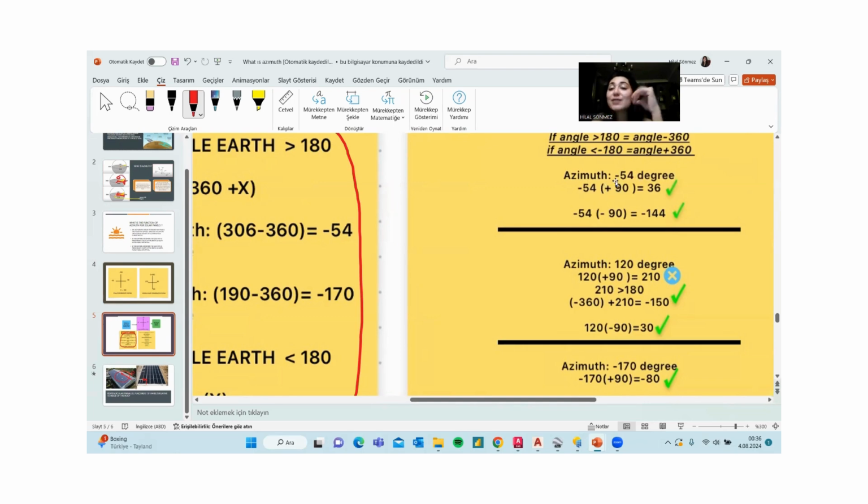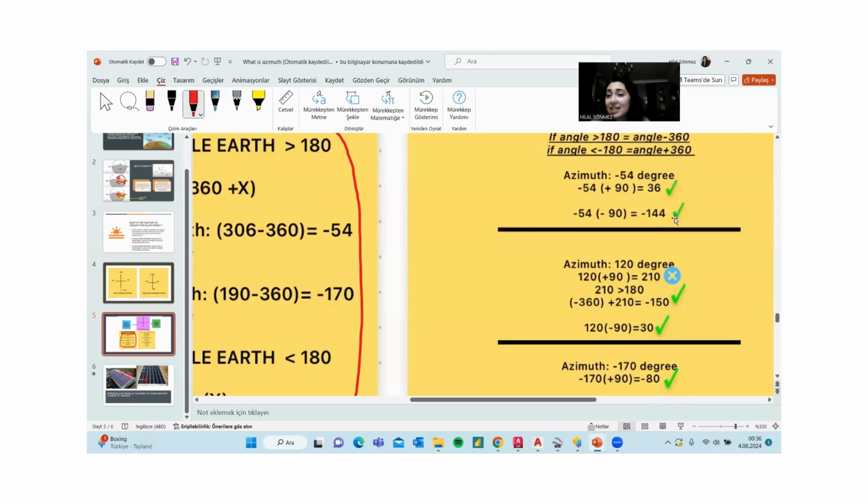Since we are in a perpendicular placement, we will add 90 degrees and subtract 90 degrees. When we add 90 degrees, we attain 36 degrees. When we subtract 90 degrees, we attain minus 144 degrees.